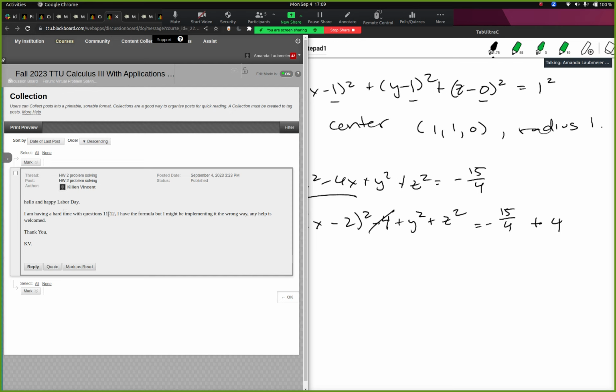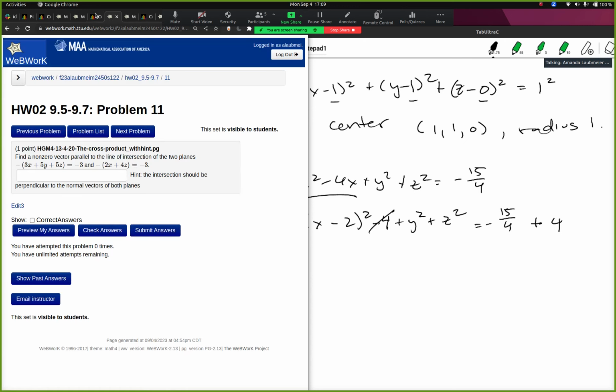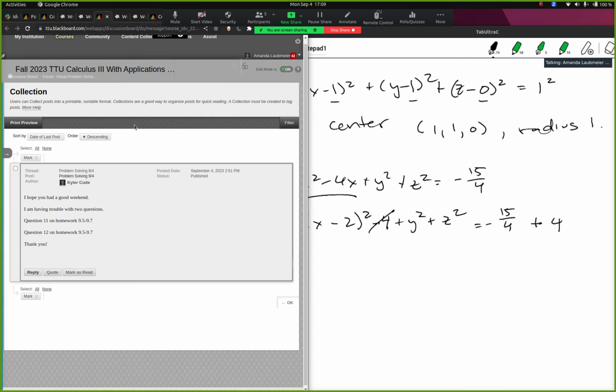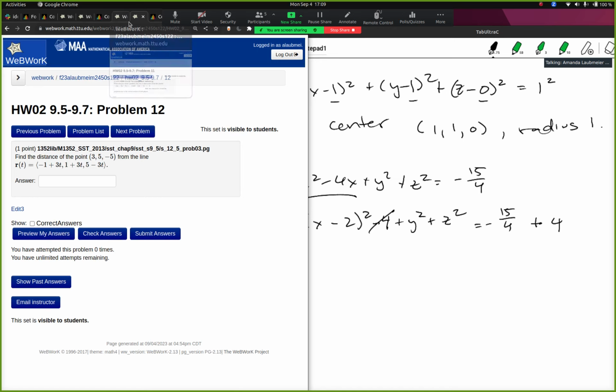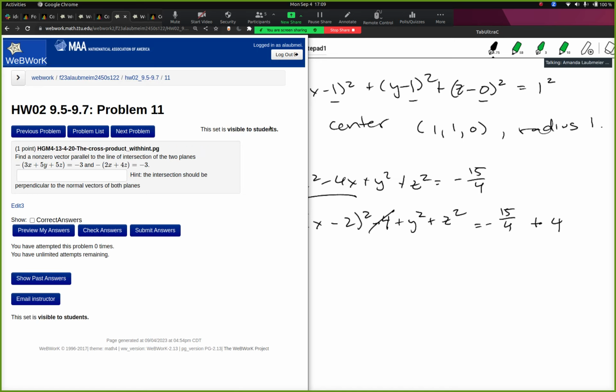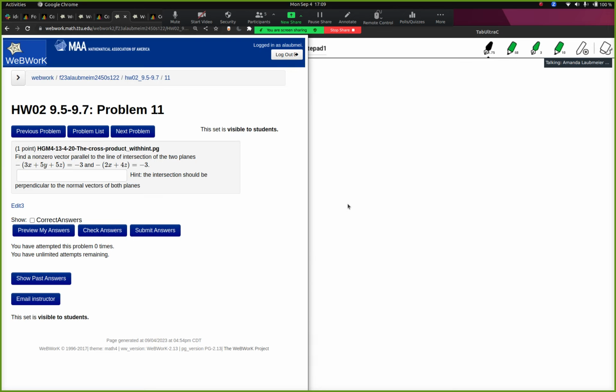Killen says that they have the formula but might be implementing it the wrong way, and Kyler says just having trouble with these questions. So 11 and 12 are from that new section about lines and planes. Problem 11 is a plane intersection problem, and right now I'm just copying down the equations.